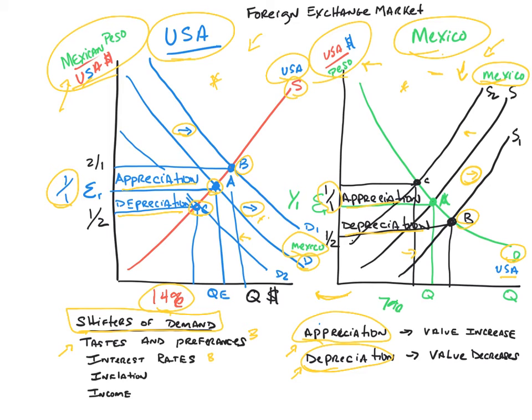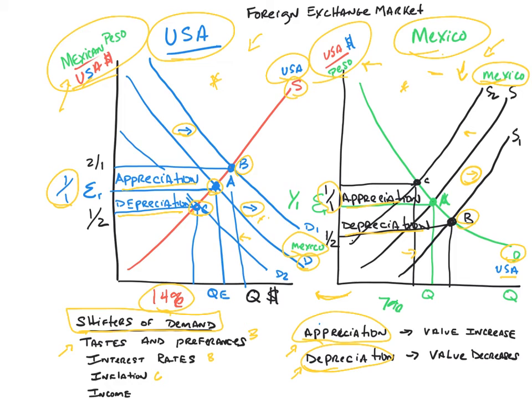The main thing is understanding that if the demand curve shifts on one side to the right, the supply curve shifts to the right on the other curve. It does not even matter which way you look at it. So, a good example would be inflation depreciating a currency at point C.